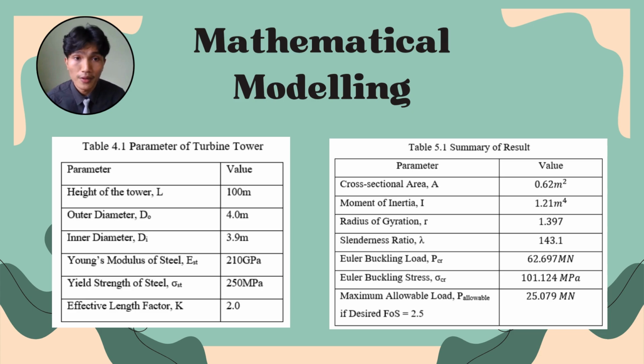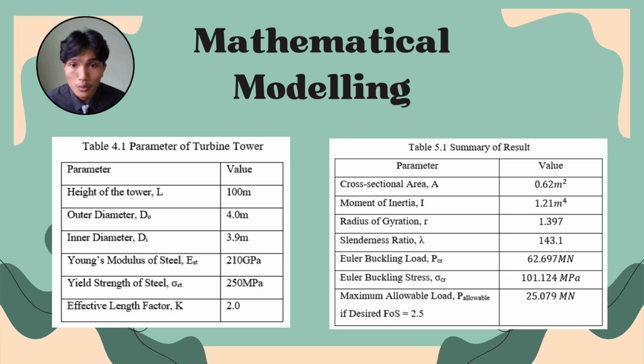Now for Table 5.1, which summarizes our calculation results, we calculated a cross-sectional area of 0.62 meters squared and a moment of inertia of 1.21 meters to the power of 4. Using these values, we calculated the radius of gyration as approximately 1.397 meters.